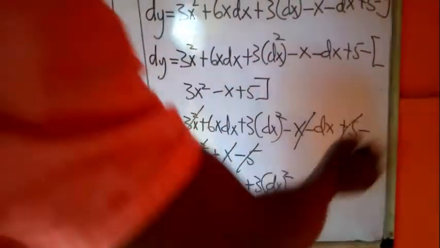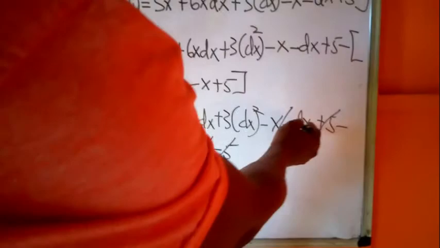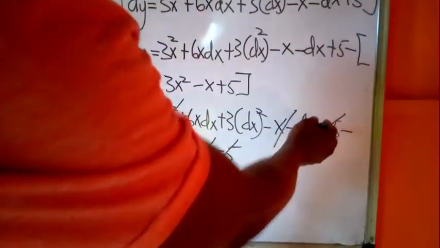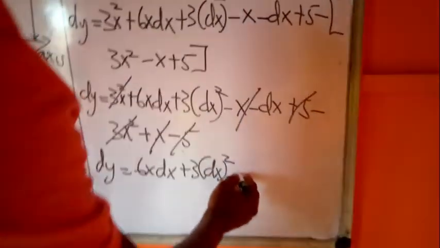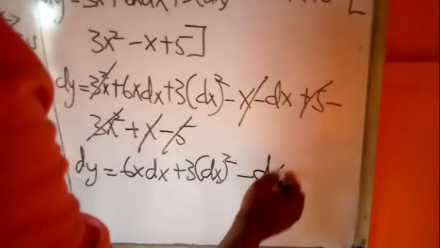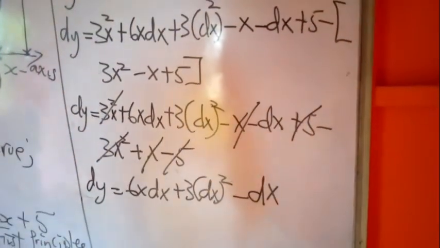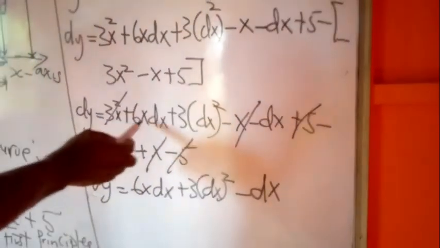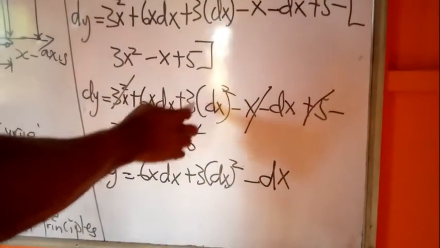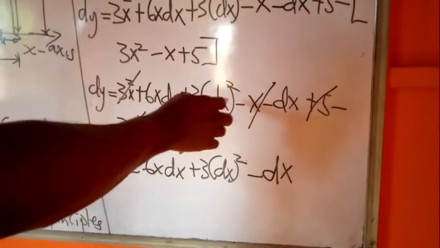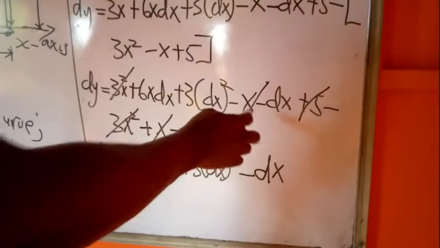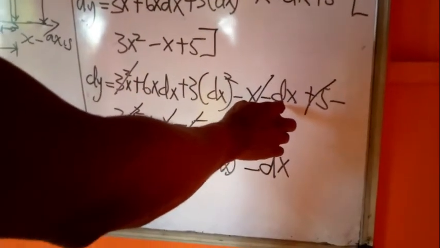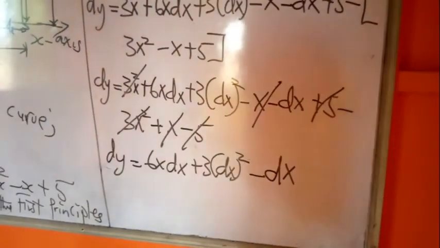See anyone remaining again? Minus dx. So let's check. We have 6x dx plus 3 into dx all squared. You have minus dx. So that's what you have.